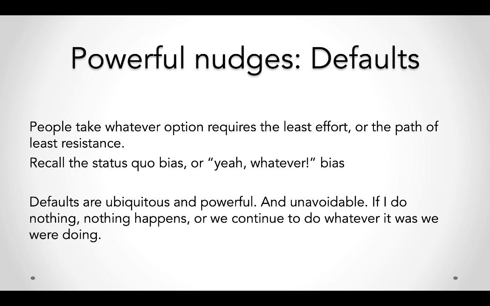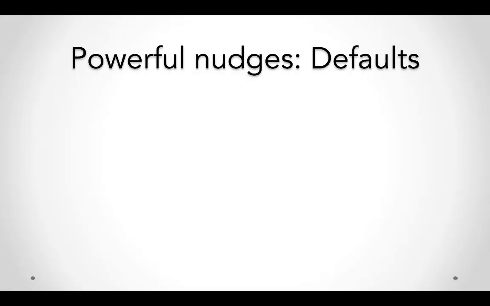Defaults are ubiquitous and powerful and unavoidable. If you do nothing, nothing happens. Or we continue to do whatever it was we were doing before. So we're very inertia oriented. If I can do the same thing, I will. Changes are costly in terms of energy, and if I could avoid them, I will.